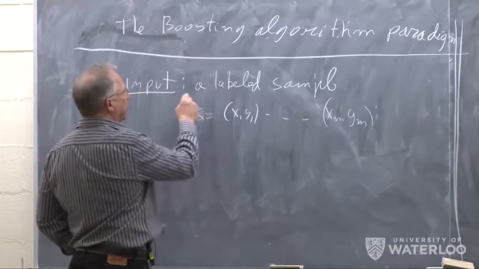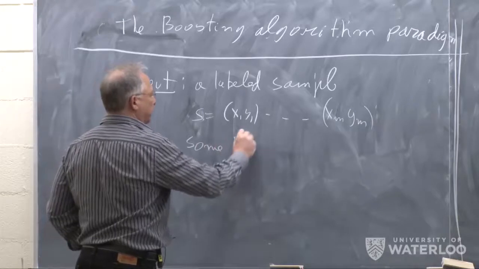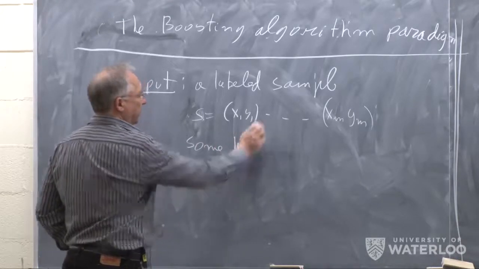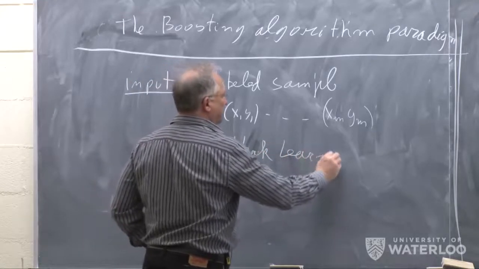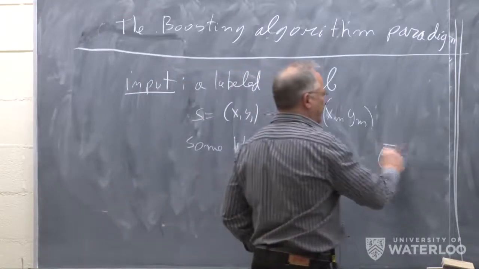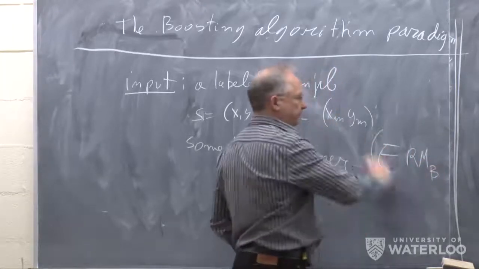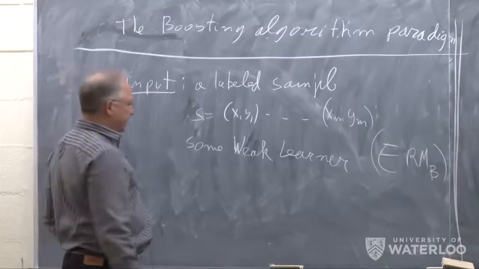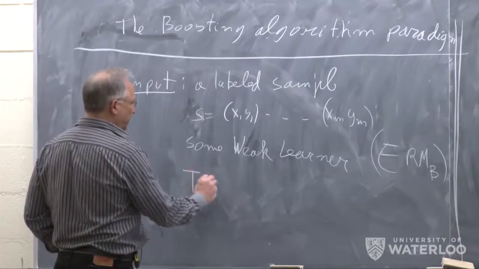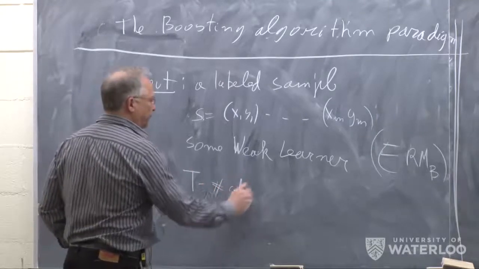And we get as an input some weak learner, that will usually be ERM of some simple class. We get some weak learner, and we get some T, which is a number of iterations.